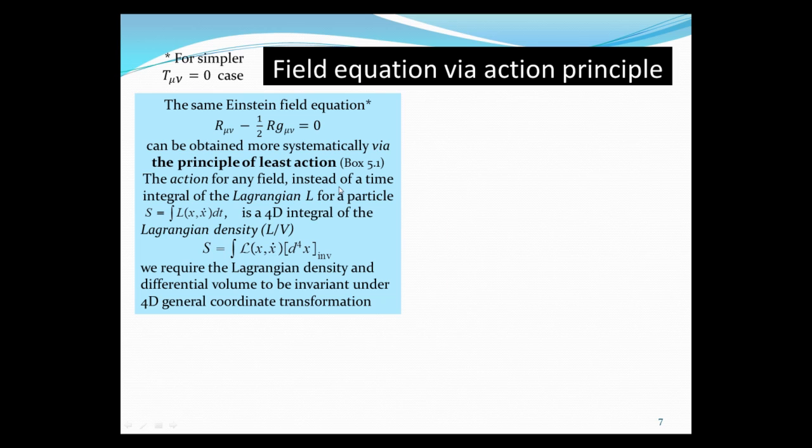The action for a field, instead of the time integral of the Lagrangian for a particle, is a 4-dimensional integral of a Lagrangian density. So it involves a volume integral of the density, which gives you the action. And for the requirement that this be minimized, we require the Lagrangian density and the differential volume to be invariant under four-dimensional coordinate transformations, so that the action is also invariant under general coordinate transformations.